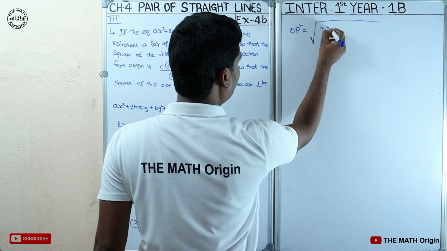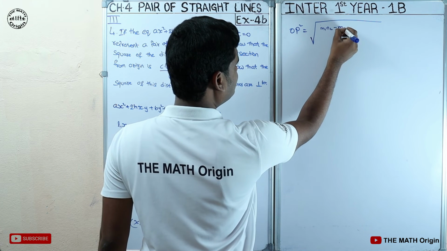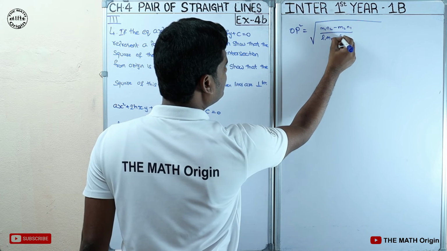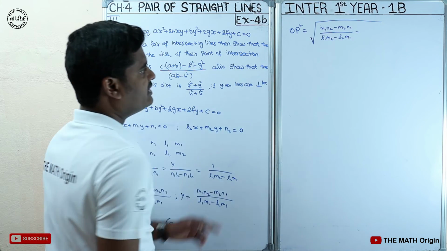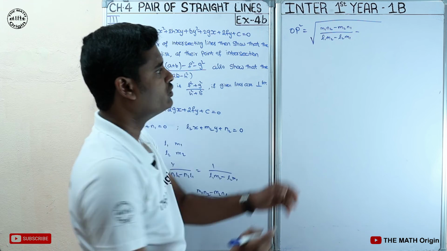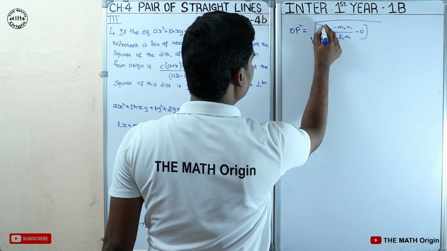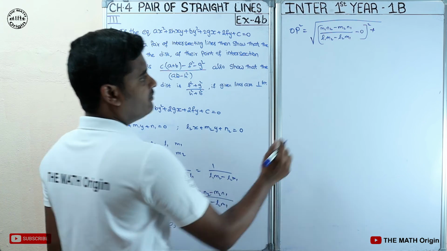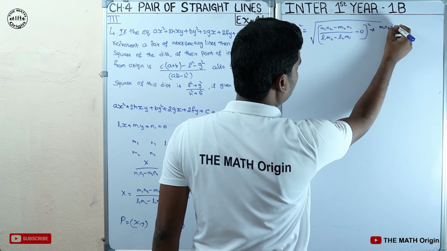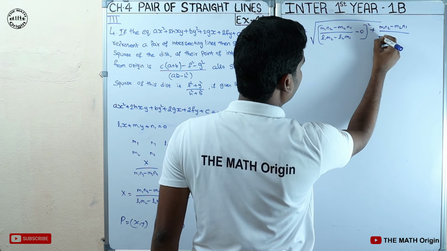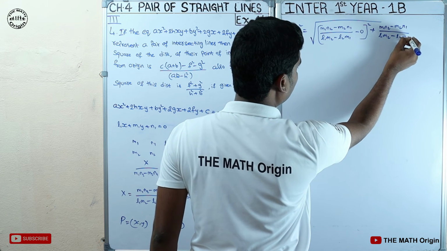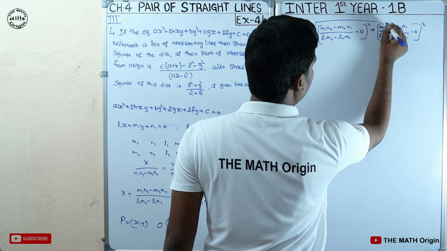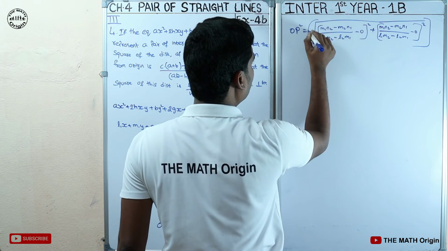The distance from origin is root of x1 minus x2, which is 0, whole square plus y1 minus y2, and this y1 value is this one, minus 0 whole square, as this is the distance from origin to this point P, and whole square.